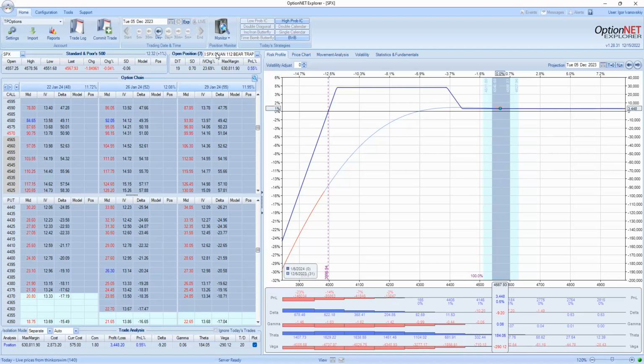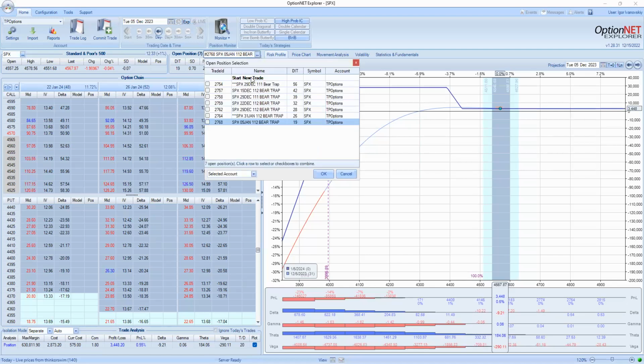I'm going to use OptionNet Explorer to model this trade. You can use your broker platform that you're using and look at the risk profile and analyze the trade to see if this fits within your other trades or your portfolio.